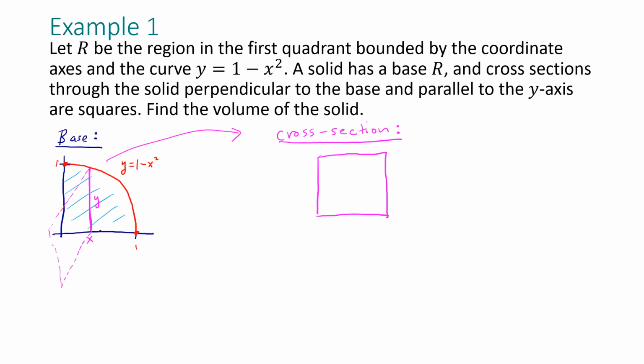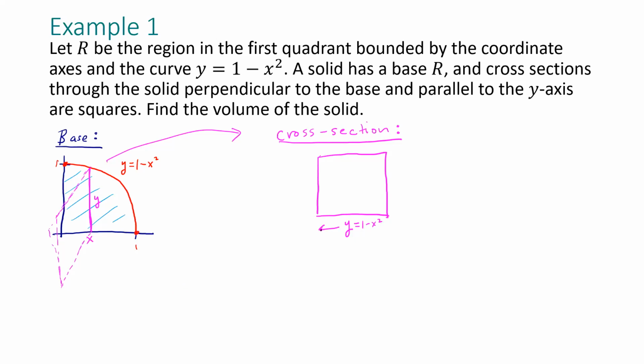Okay, and the area of that cross section is just the area of this square, right? It's just a square where the sides are of length y, where y is given by this equation y equals 1 minus x squared.